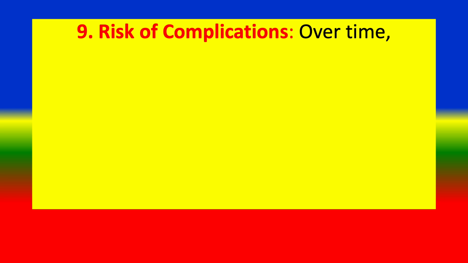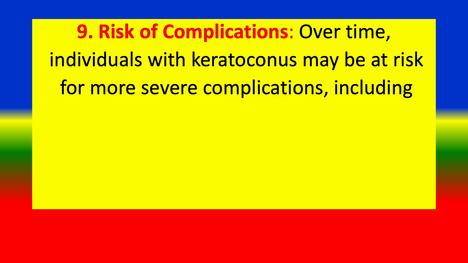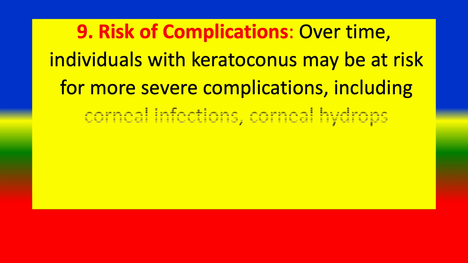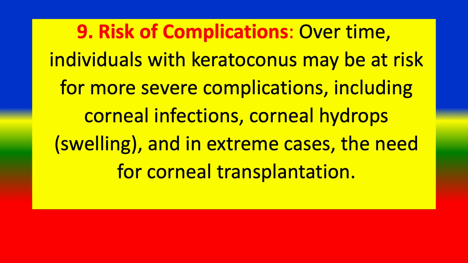9. Risk of complications. Over time, individuals with keratoconus may be at risk for more severe complications, including corneal infections, corneal hydrops, or swelling, and in extreme cases, the need for corneal transplantation.